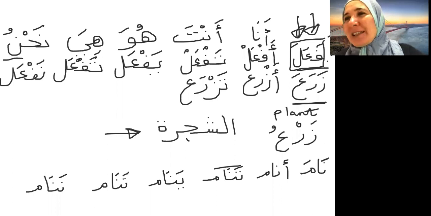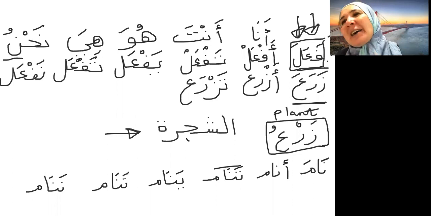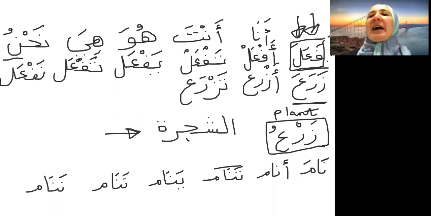It's easy in Arabic language, one word sometimes. It is almost the same word, but like zara, fa'ala, fi'al. It's the noun of the word. Zara, zara'un. Plant, the plant. Okay. As زرع الشجرة or زرع شجر. This is that tree.